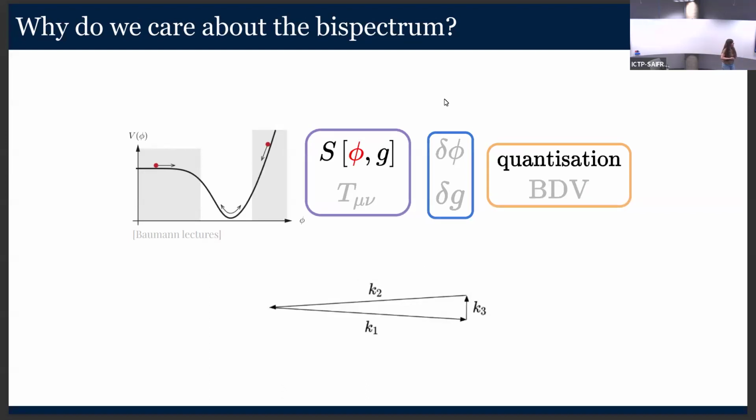You can also say, okay, I'm going to add several fields to my inflationary period. So it's not just one single scalar field. I'm going to add multiple fields during this inflationary period. And by adding multiple fields, you have a preference in your initial conditions for triangles in the so-called squeezed configurations.